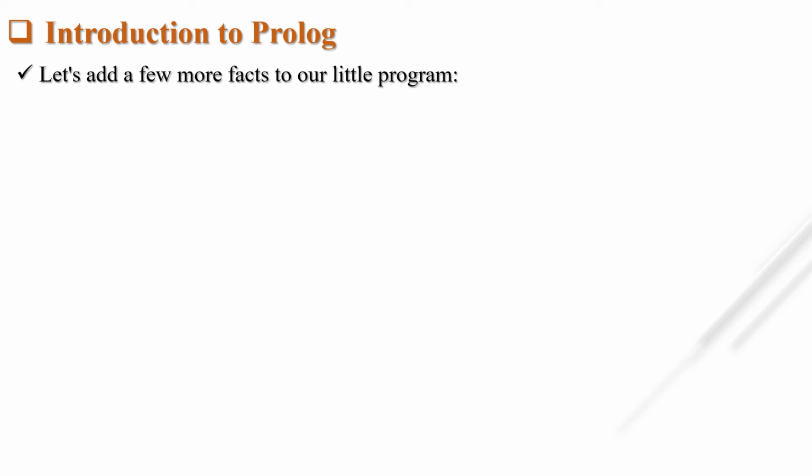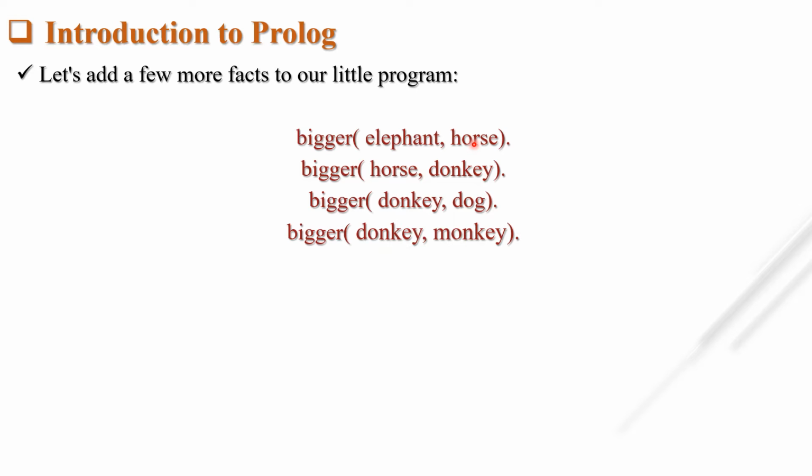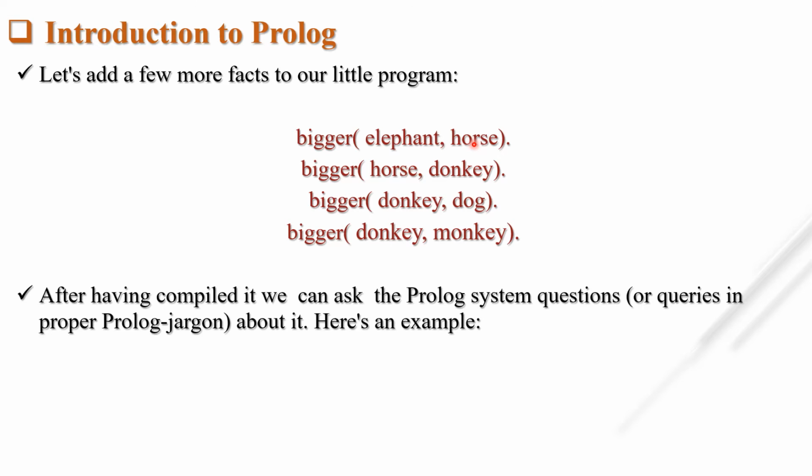So let's add a few more facts to our little program. The facts are: elephant is bigger than horse, horse is bigger than donkey, donkey is bigger than dog, donkey is bigger than monkey. This is all up to the programmer, whether the fact described is true or not. Otherwise Prolog is going to give the answer as false.